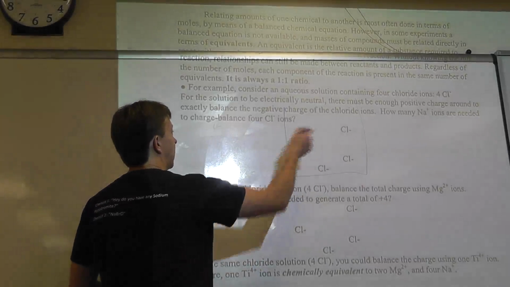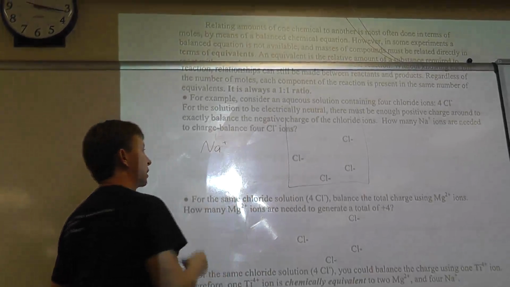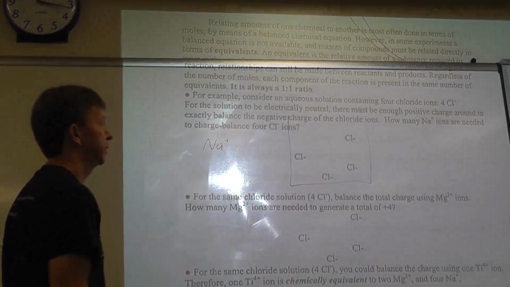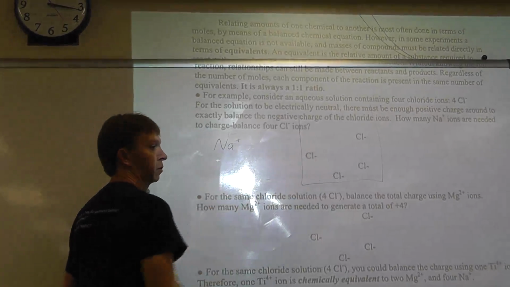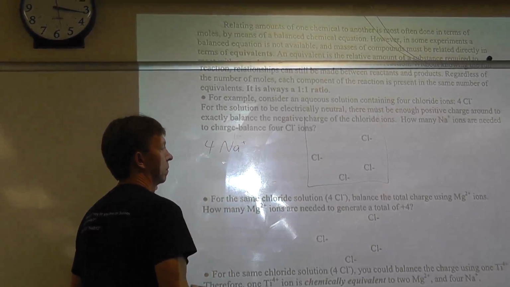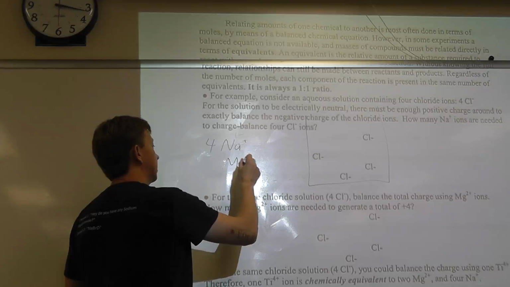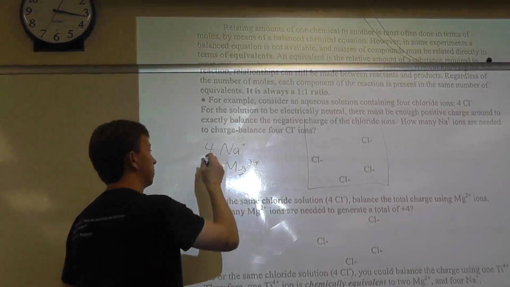If there's 4 chloride ions in there, and just for pretend, let's say that we had sodium ions present to charge balance those, how many sodium ions would it take to charge balance all of those? 4. But what if we were using magnesium instead of sodium? How many would it take? 2.